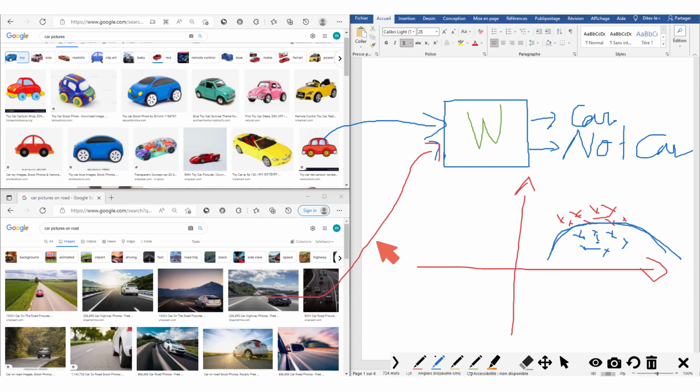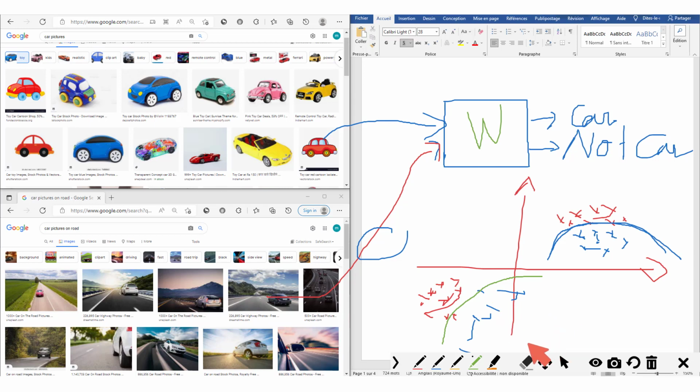Now, when you bring some other distribution, like say this distribution, you would have something like this here, this other distribution, and not car. Let's say not car is about this, and then you would need something like this to separate the cars from images which are not cars.